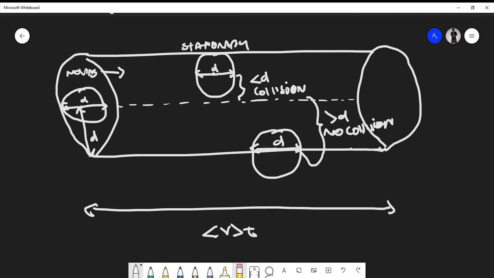Essentially what I'm saying is that if the particle is directly within the tube, we're going to have a collision because the distance is less than the diameter. Whereas if the particle is just on the outside, the distance is going to be greater, so we're going to have no collision. And again, this is also a stationary target. So only one molecule is actually moving. That's the idea we need to calculate the frequency of collisions.